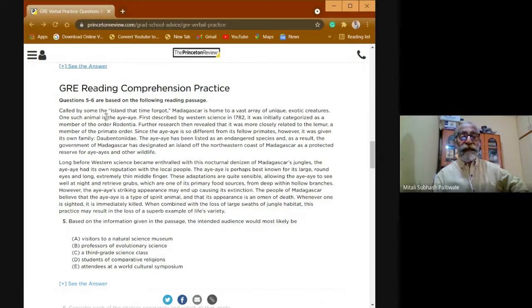Called by some the island that time forgot, Madagascar is home to a vast array of unique, exotic creatures. That means the island was home to many unique and exotic creatures.